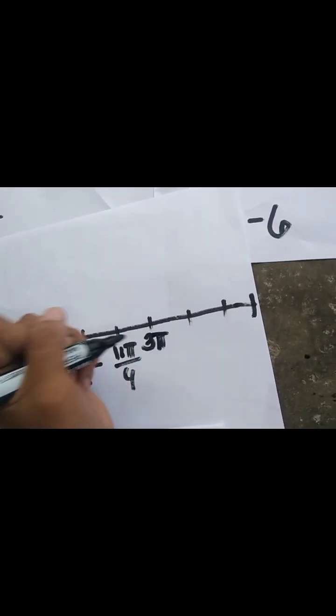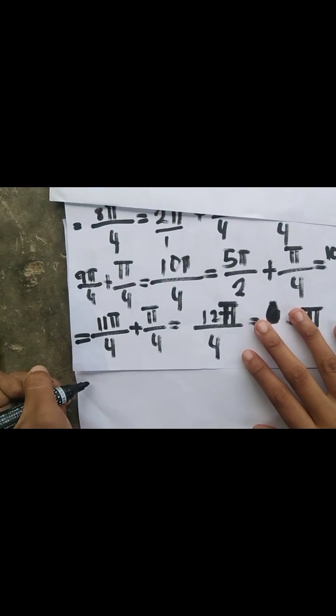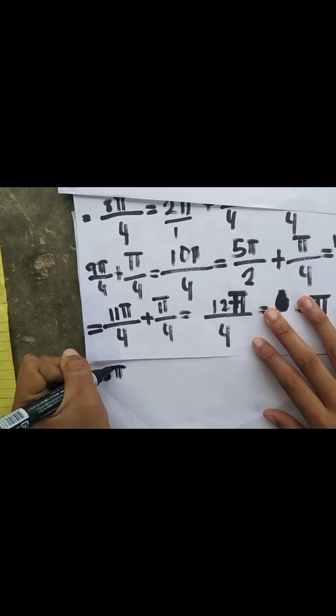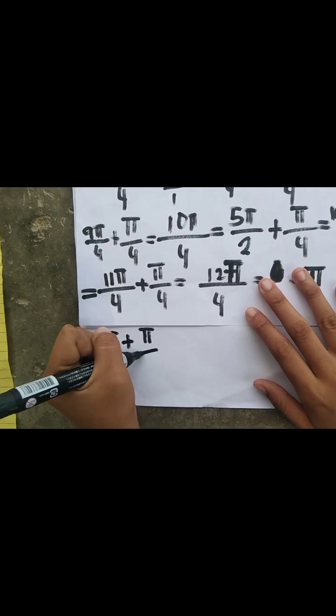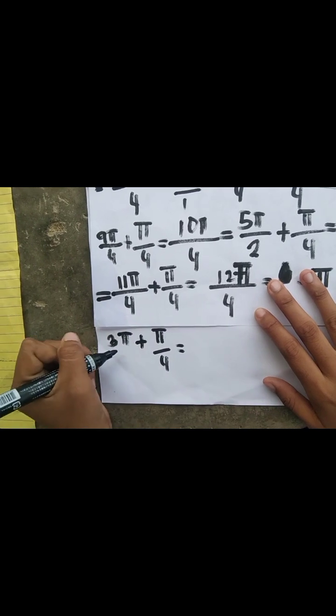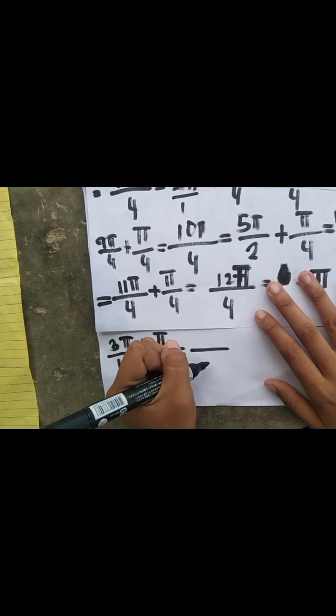Then 3 pi plus pi over 4 equals, put 1 here, the LCD is 4.